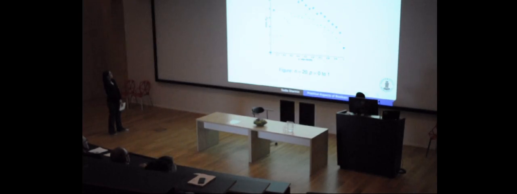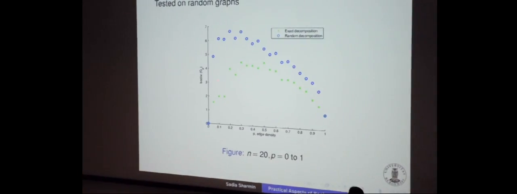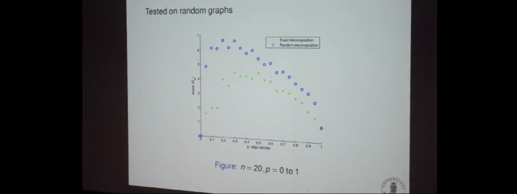I can show you one thing. This is the exact value of some random box, and this is the value from random decomposition. So this is where we can think of it as upper bound, and this is the exact value.